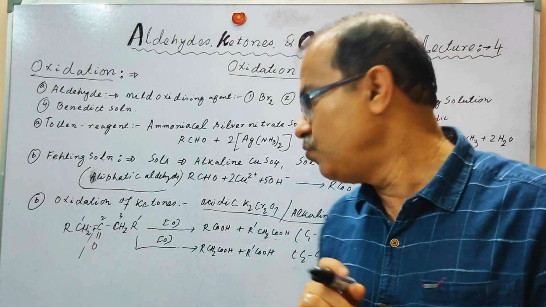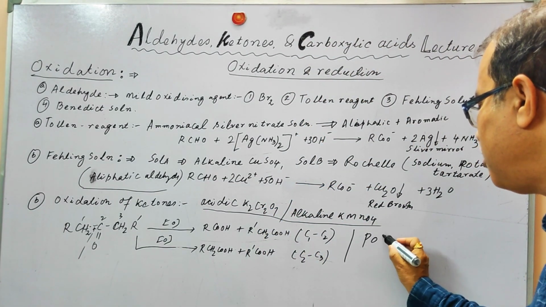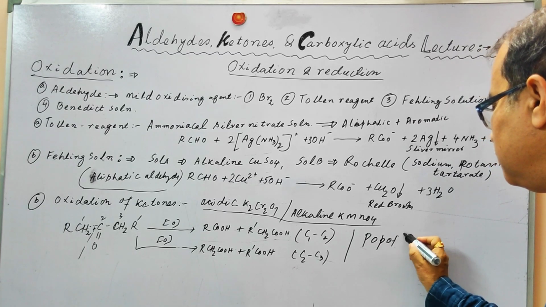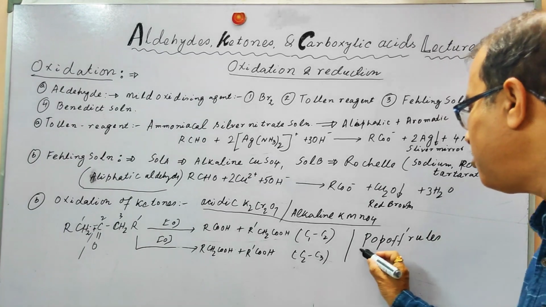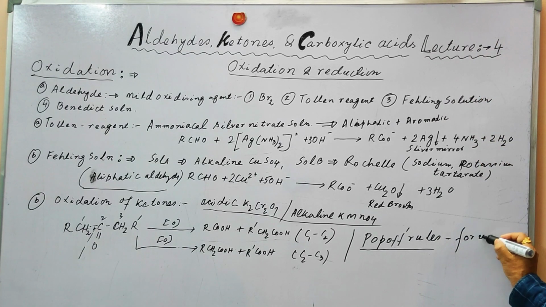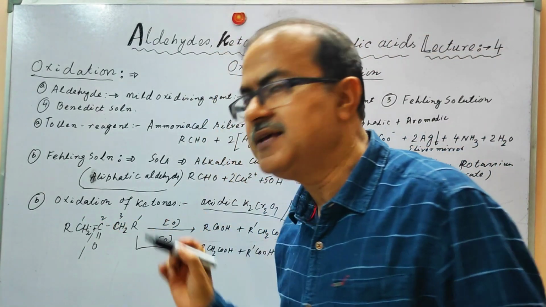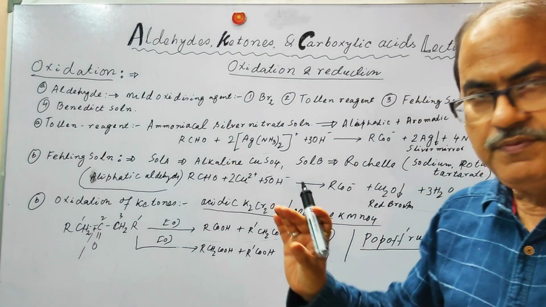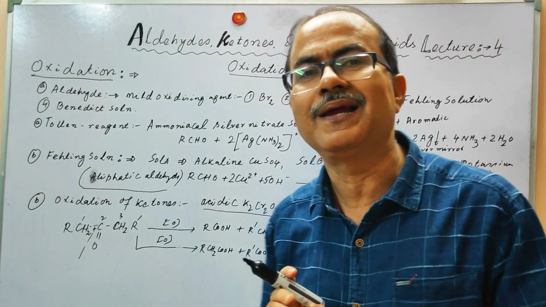And there is a rule also that we must understand. This is the Popoff's rule. Popoff's rule says that for the unsymmetric ketone, unsymmetric ketone means when this R and R' are different, one will be a bigger alkyl group and another the smaller alkyl group.